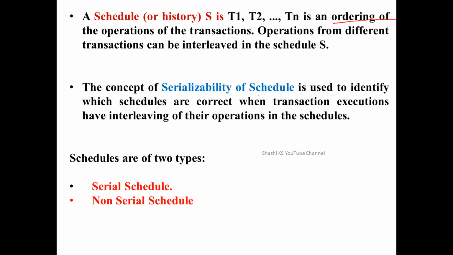In such a case, serializability of schedule is a concept where we have to identify which schedule is going to be correct. Now, what is the meaning of correct? Correct means that in whichever order I execute concurrently, the database is going to be in a consistent state. So basically, schedules are of two different types, namely serial schedule and non-serial schedule.